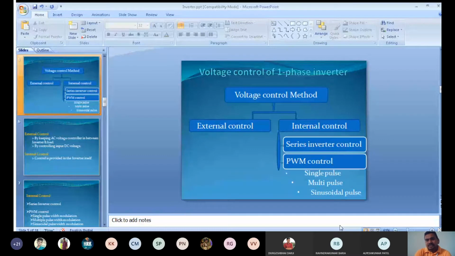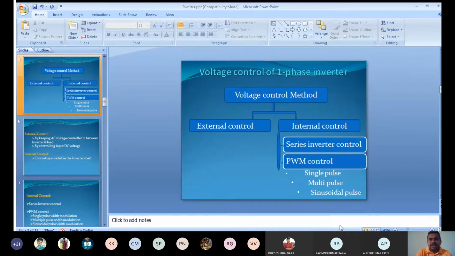The internal control method is further classified into two categories: series inverter control and PWM control. The PWM control method is further classified into single pulse PWM control, multi-pulse PWM control and sinusoidal pulse width modulation control. These are the three classifications of PWM control.